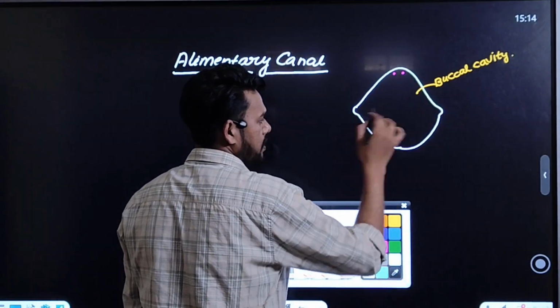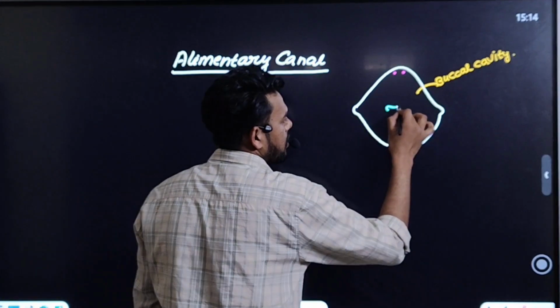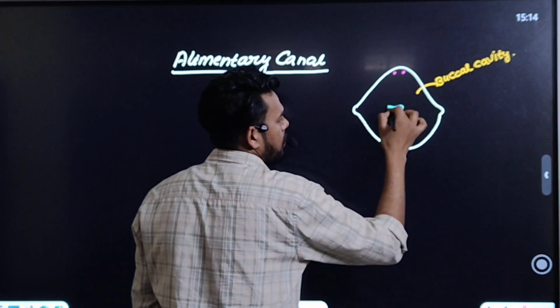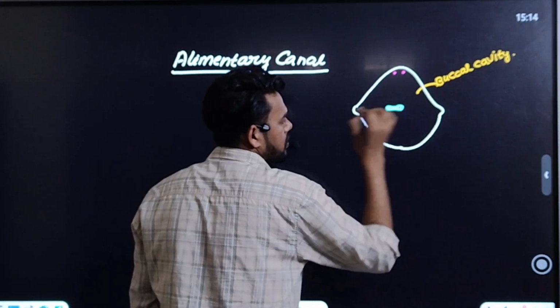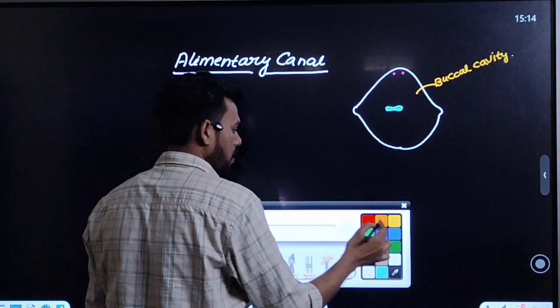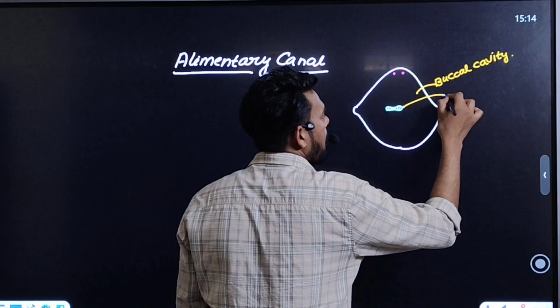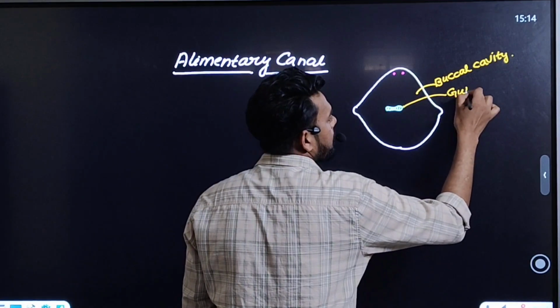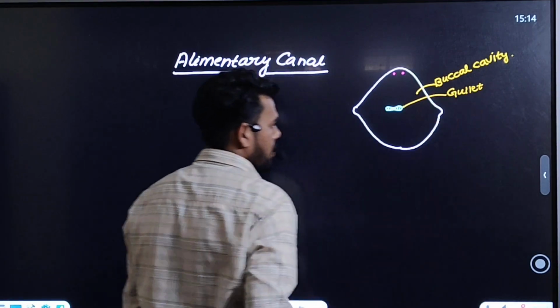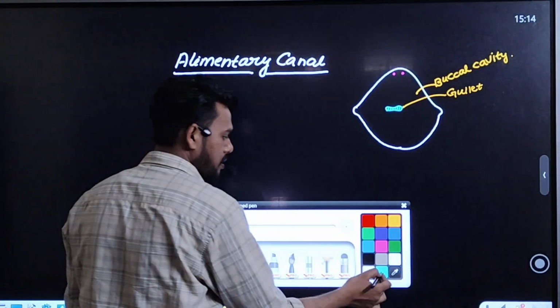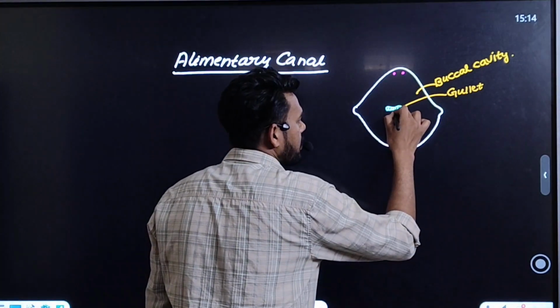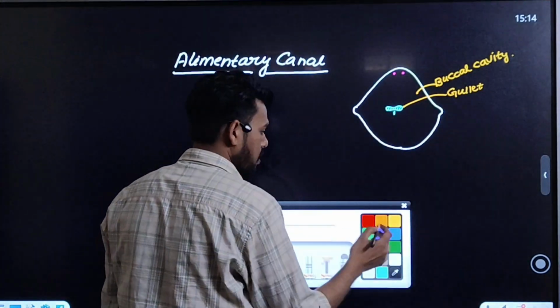Around the center inside, there is a structure which is called the gullet. Just below the gullet, there is a vertical opening like this.